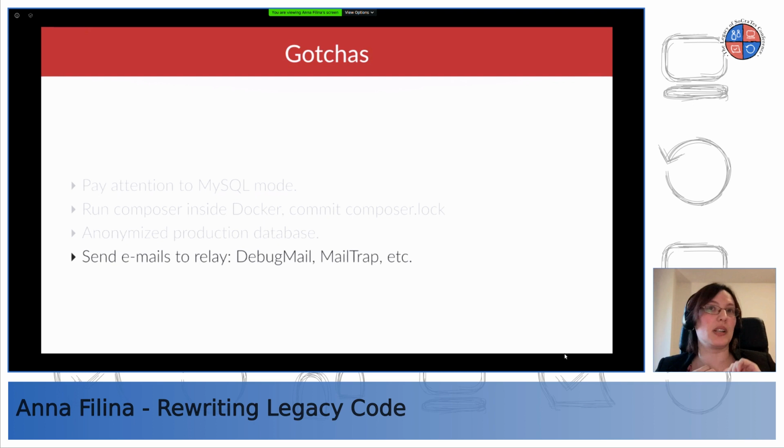Send them to a relay, like a debug mail, Mailtrap. If you don't know how to set it up, find somebody who's well-versed in system administration, or take the time to learn it. It's going to be useful in the future. But yeah, set up your server to forward all emails, not within the application, but just all emails that come out of the server.